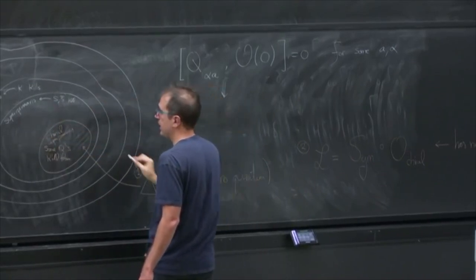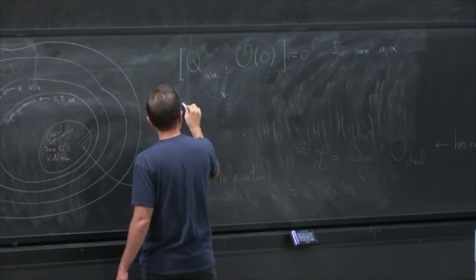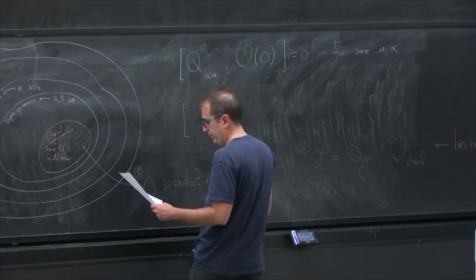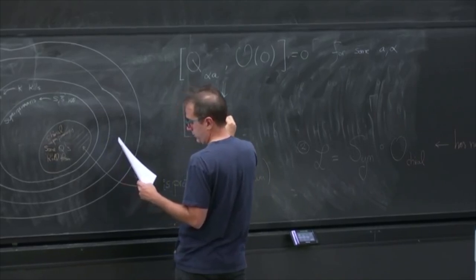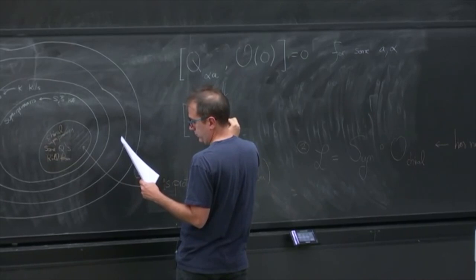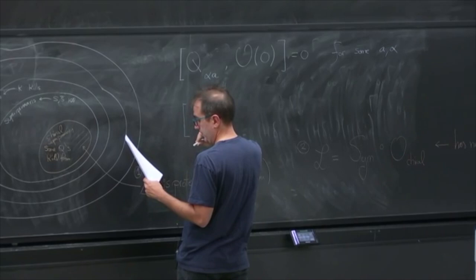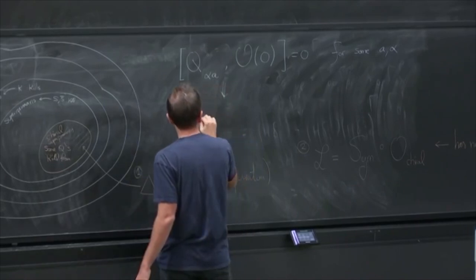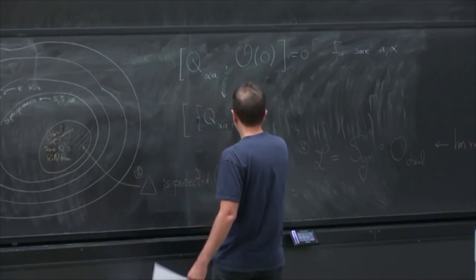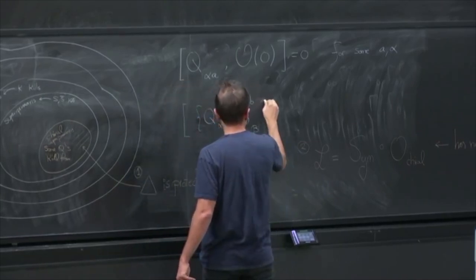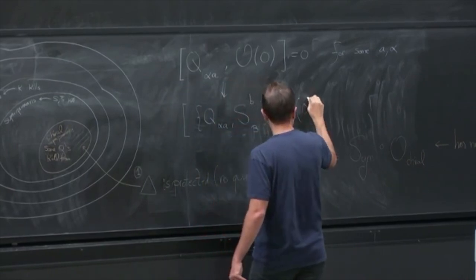So this implies that the action of Q alpha A with S B beta on O of 0 is equal to 0.